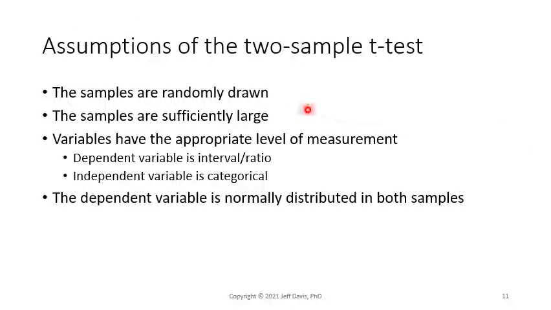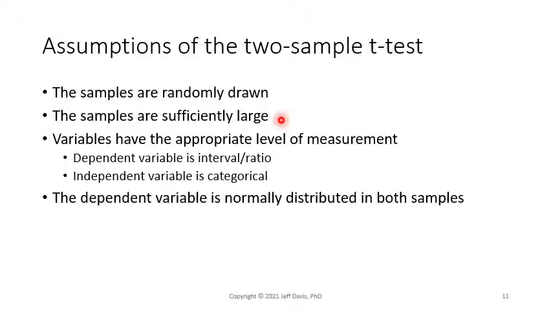Like the single sample t-test, the samples in a two-sample t-test are assumed to be randomly drawn from a well-defined population. The samples are sufficiently large, and usually what we want to see is that the two groups have, if not the exact same size, roughly the same size.